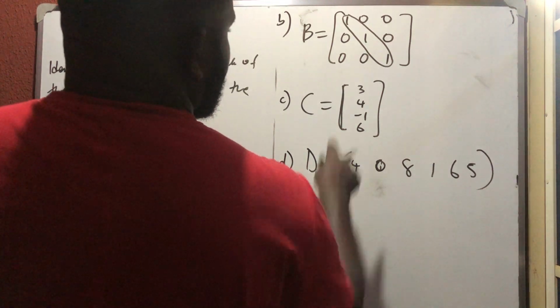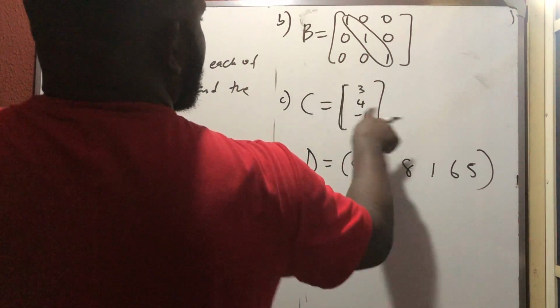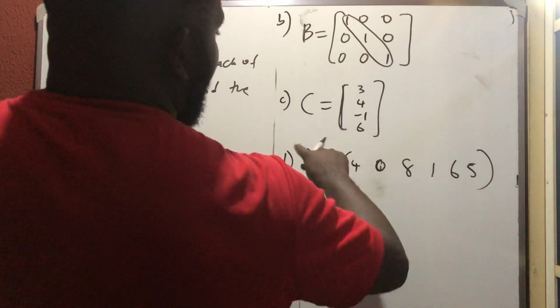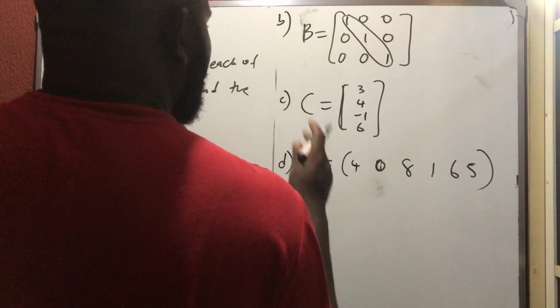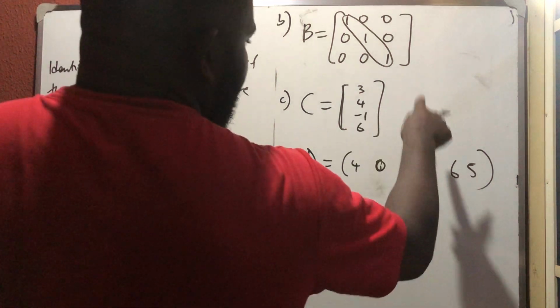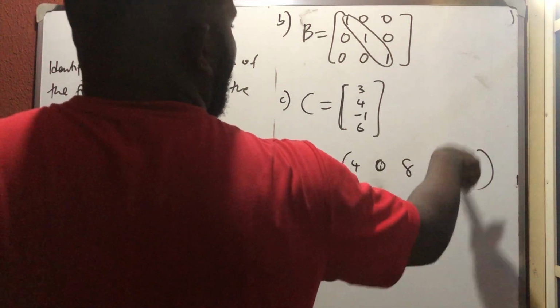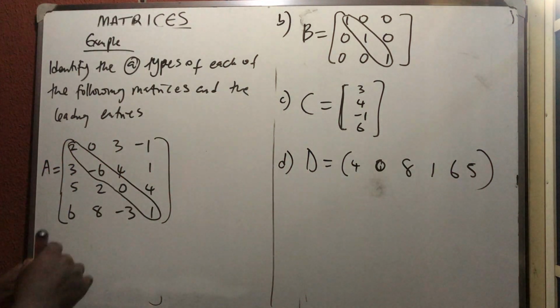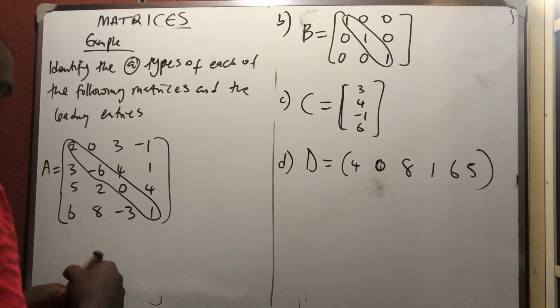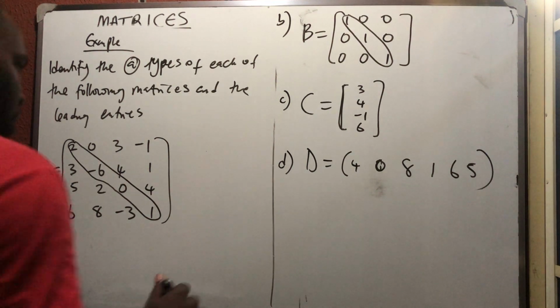Sorry, this one is 4 rows, 1 column, and it is called a column matrix. How many columns does D have? 1 2 3 4 5 6, 6 columns and 1 row. So it is a row matrix. Whenever you have that the row is 1, we call it a row matrix.